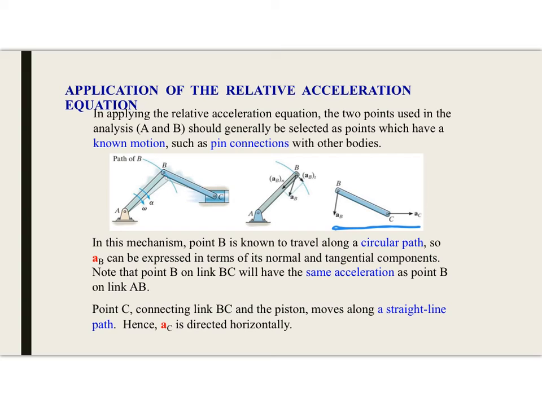And so if we have any expressions for the y component of that acceleration, we know that they have to go to 0. And that condition can help us find, for instance, the angular acceleration for that link BC or its angular velocity as well.